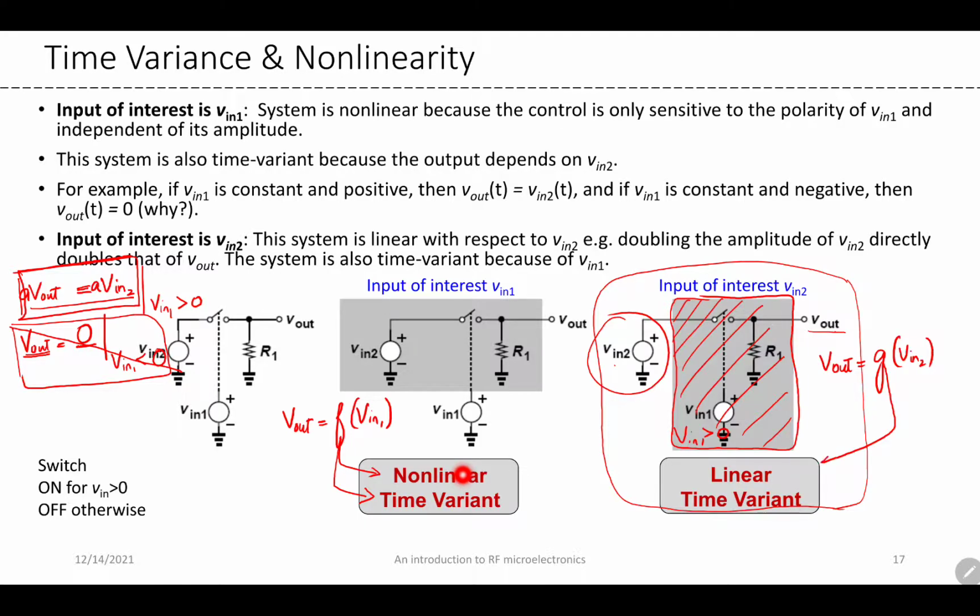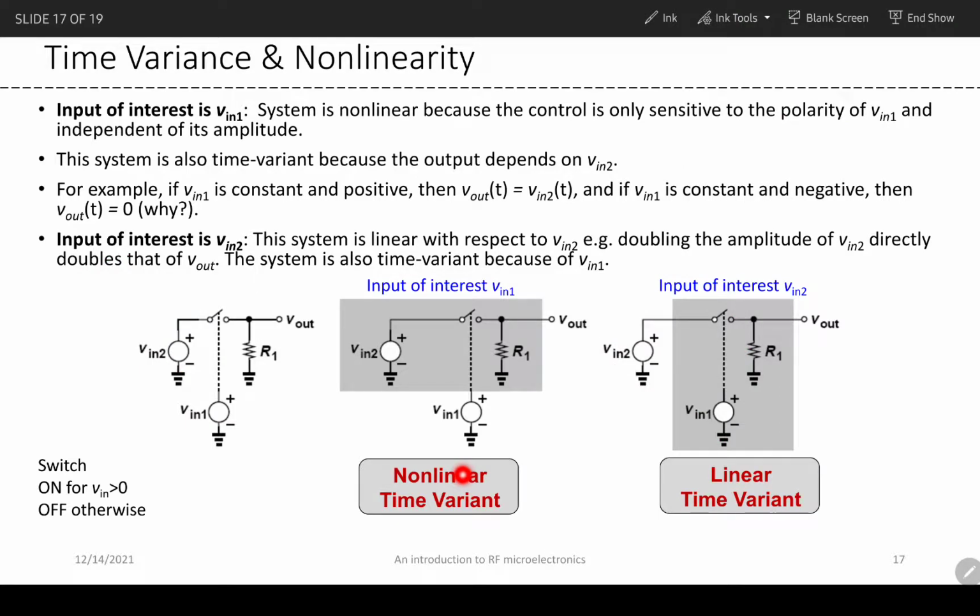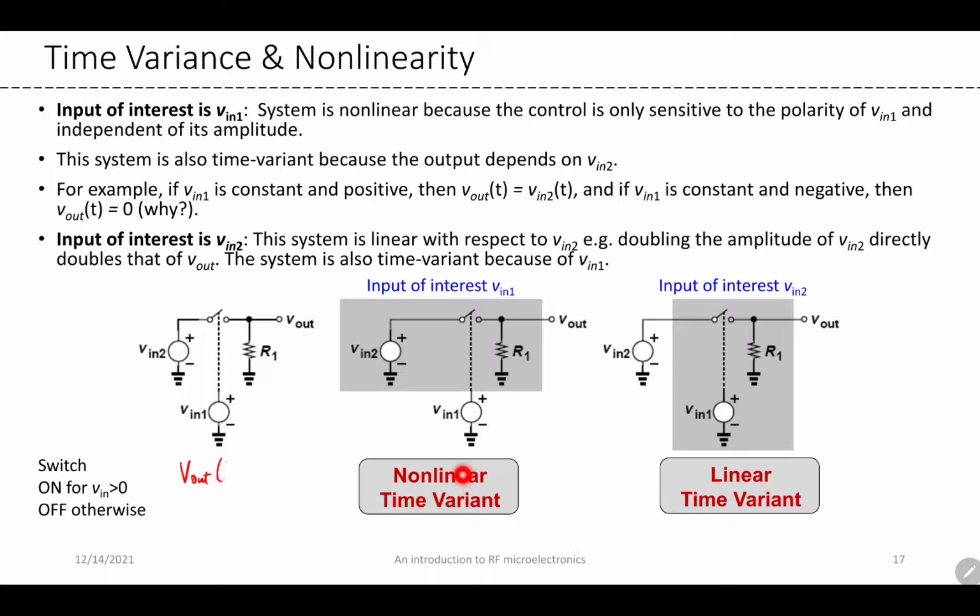Now this G is linear, because if you scale V in 2, V out also scales, and this G is also time variant, because no matter what you do, for example, if you have V out as a function of t is G times V in 2, this relation does not necessarily hold.